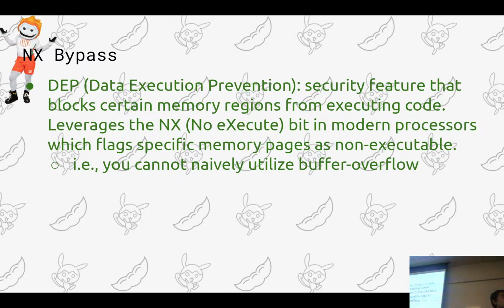The next thing is NX bypass. There is a mechanism called DEP, data execution prevention, and this security feature blocks certain memory regions from executing code.